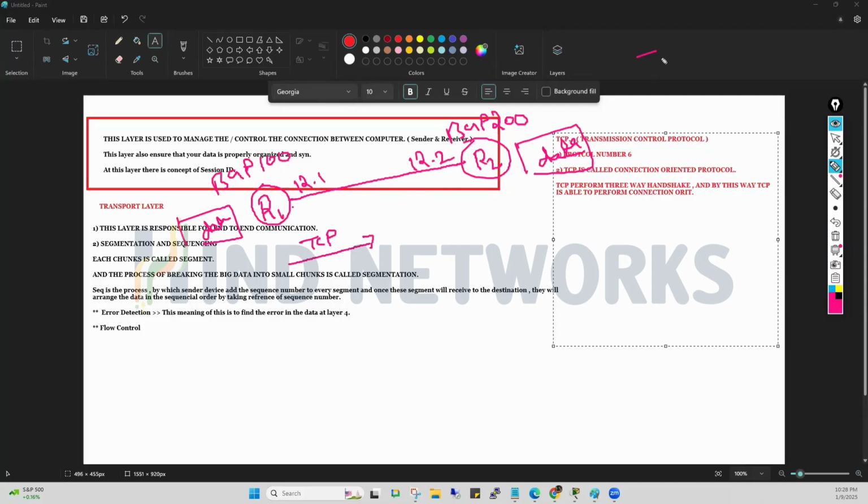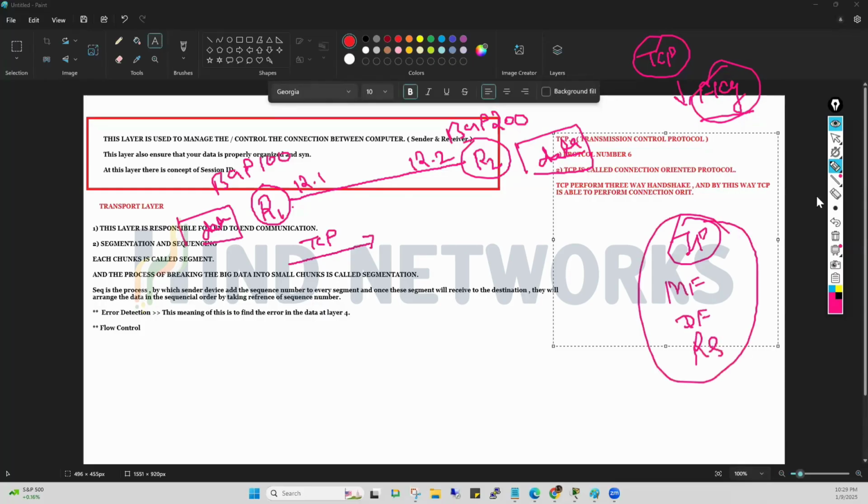Guys, in the TCP header, there is a concept of flags also. I will tell you later. In the IP header, I told you there are three types of flags: MF, DF, and reserved.